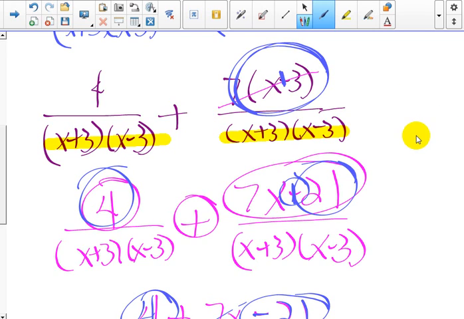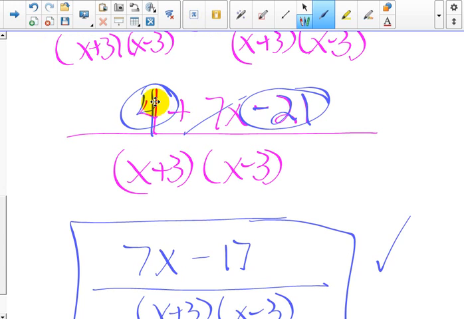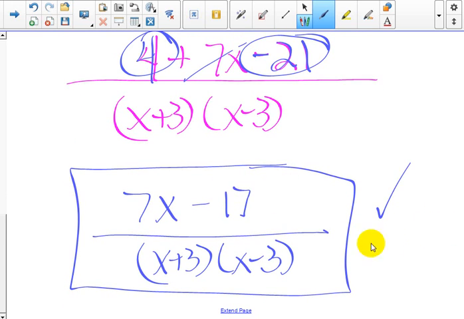Or they could have multiplied it right and just like you said, just missed the sign. So either one of those would have caused them to add 21 and 4 to make a positive 25. Okay? So any questions?